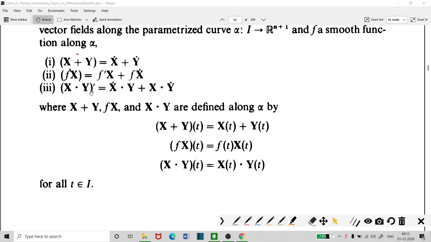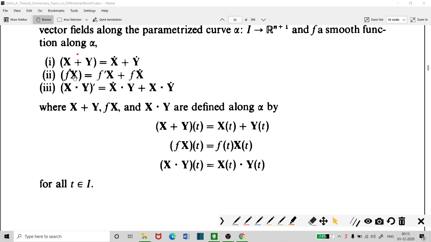Then the derivative of x dot y, this is a scalar function, that's why we use this symbol. So this is d by dt of that scalar function. That can be written in terms of the derivative of a vector field along alpha. So that is x dot dot y, the derivative of a vector field along alpha, plus x dot y dot, which is again a derivative of y along a parameterized curve.